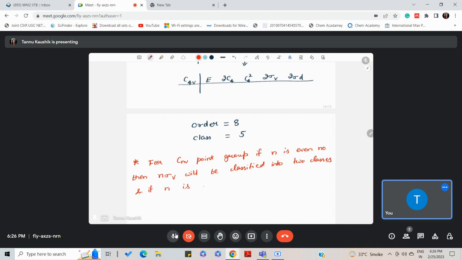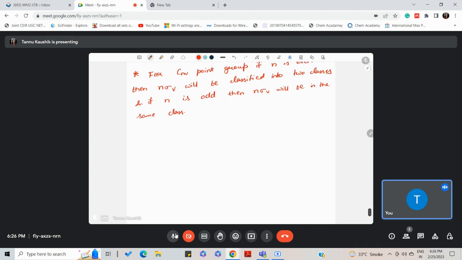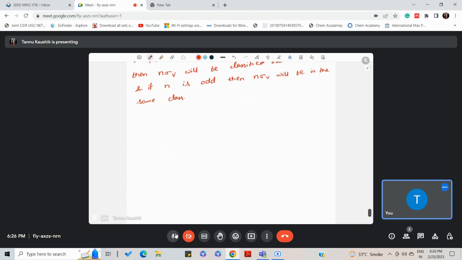And if n is odd, then n sigma V will be in the same class. These small tips will be very helpful for you in writing these group multiplication tables. Okay, so please practice them and please note them very carefully.